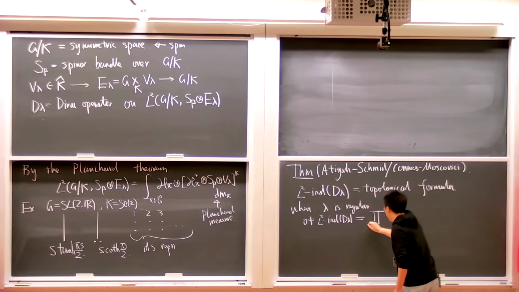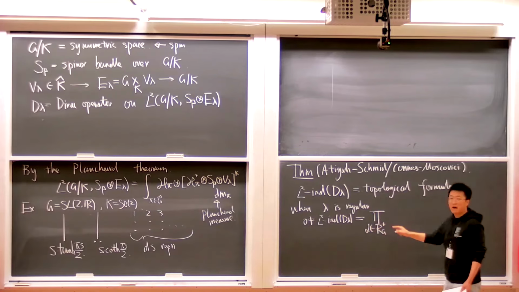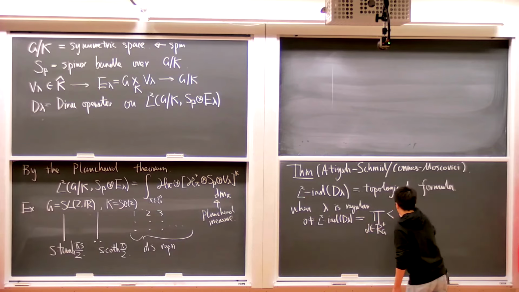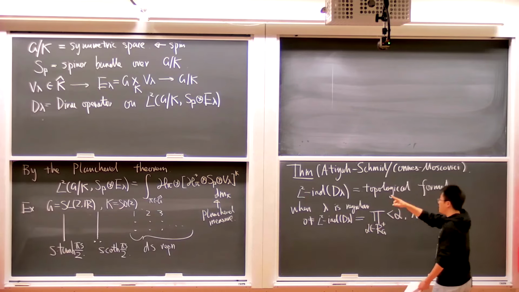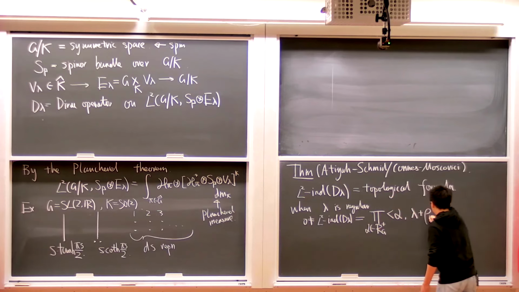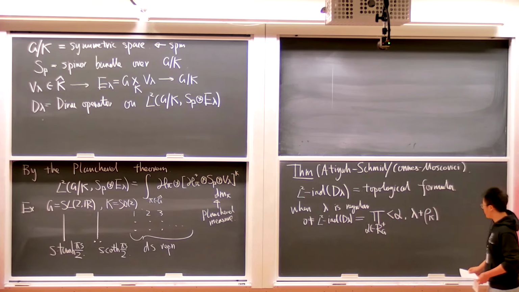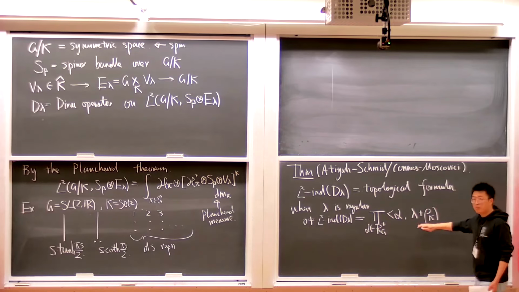Here alpha ranges over the positive roots for G, where you choose a positive root system for G, and lambda is the highest weight plus rho K. Rho K is the half sum of the positive roots for the maximal compact subgroup K. This is what they computed.